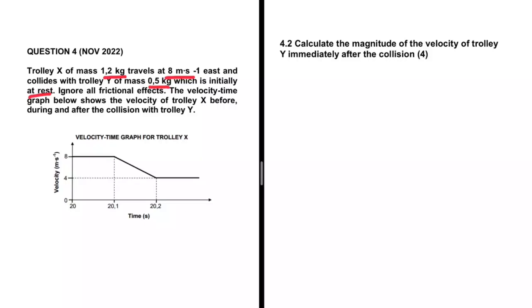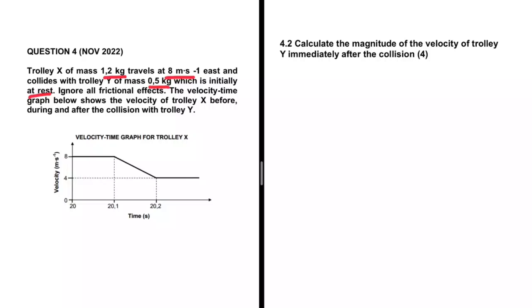Let's carry on. The velocity-time graph below shows the velocity of trolley X before, during, and after the collision with trolley Y. Like we have read in our question statement, the velocity of trolley X before the collision is 8 meters per second.